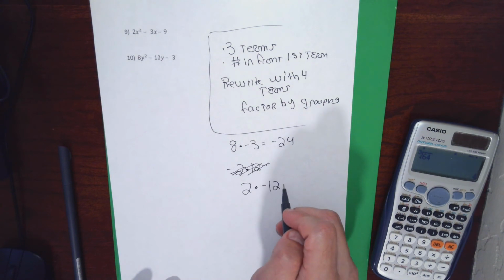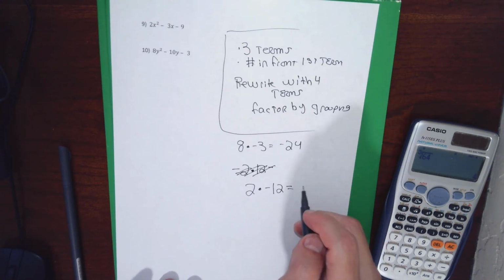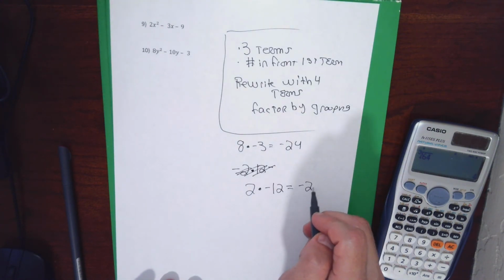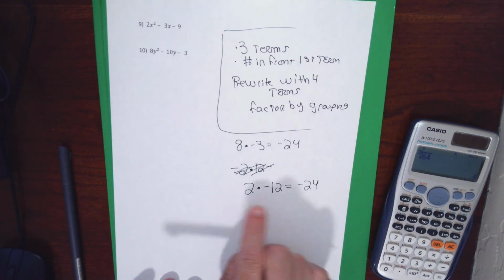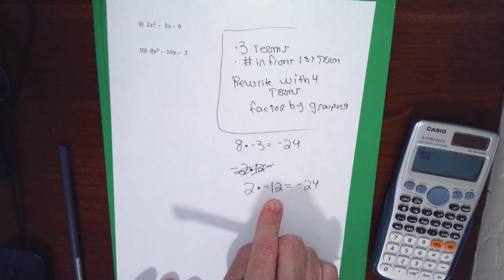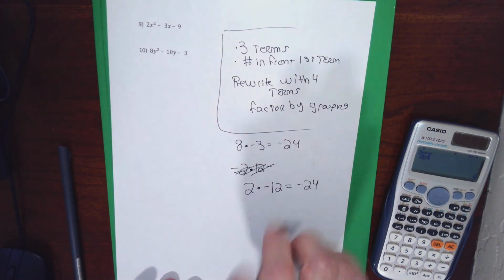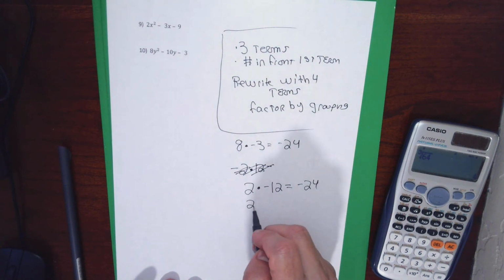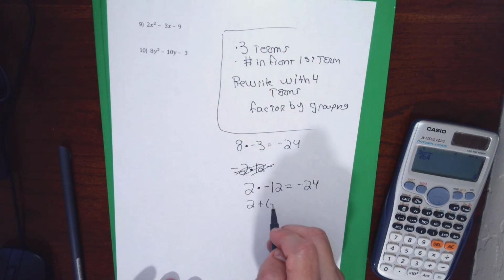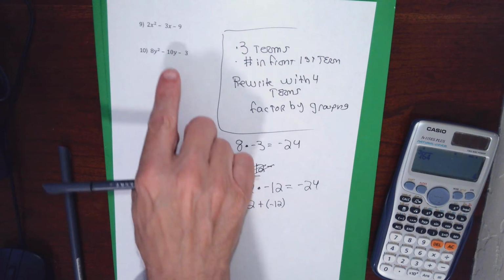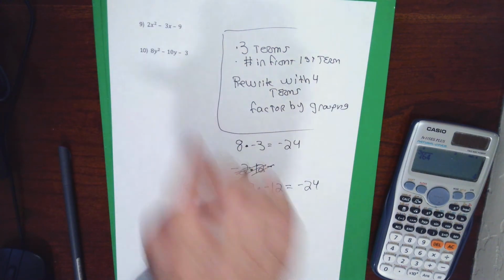2 times negative 12 fits the criteria that the numbers multiply to negative 24, smaller number plus, bigger number minus. That's one of the criteria that's necessary. The second criteria is when I add those numbers that I get negative 10, which is the number that I haven't touched yet in this problem.